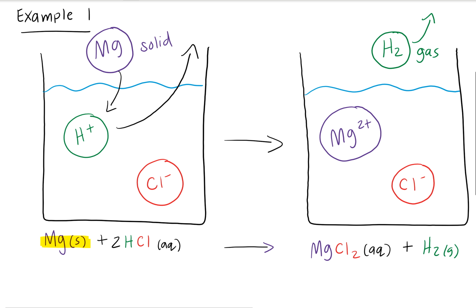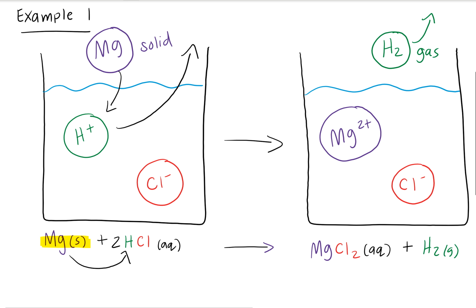Magnesium is a metal, so like we said, magnesium can only replace positive ions, and that's going to be the first element in your aqueous solution, in this case the hydrogen. So the magnesium is replacing the hydrogen, producing magnesium chloride and hydrogen gas.